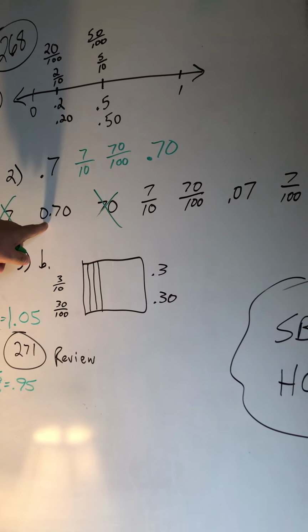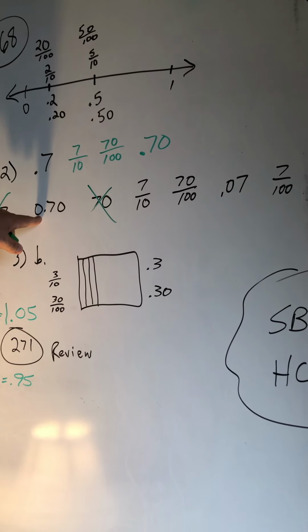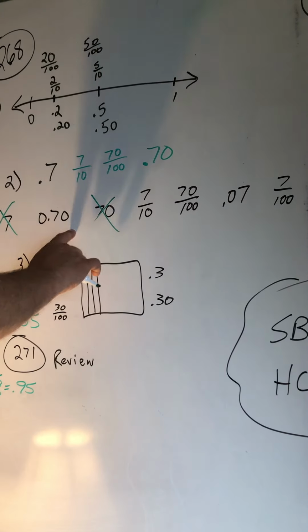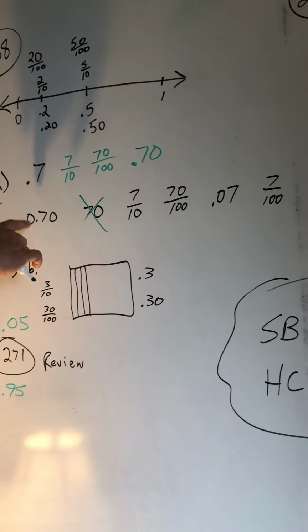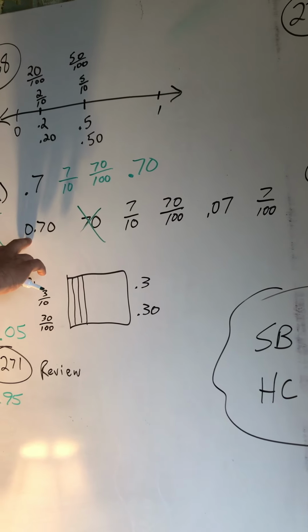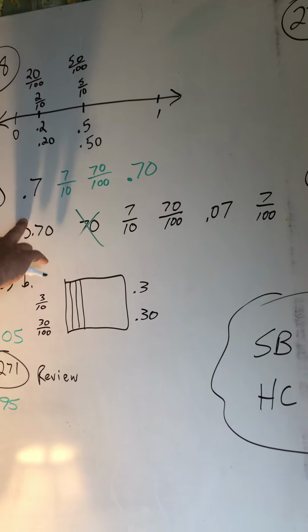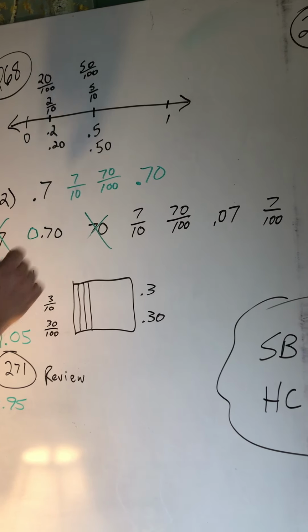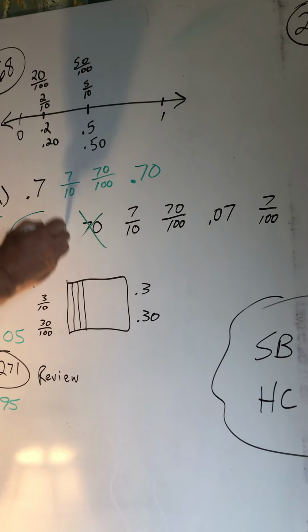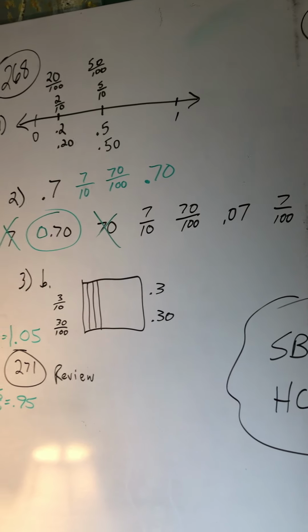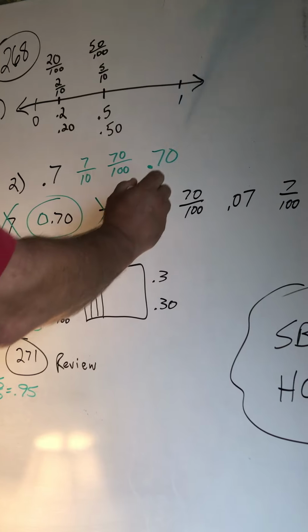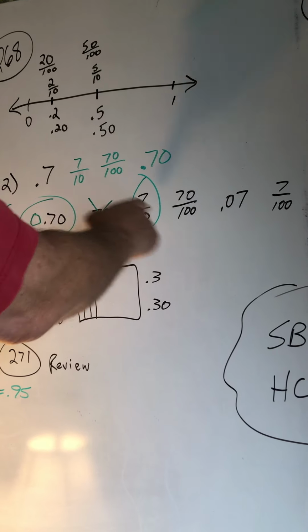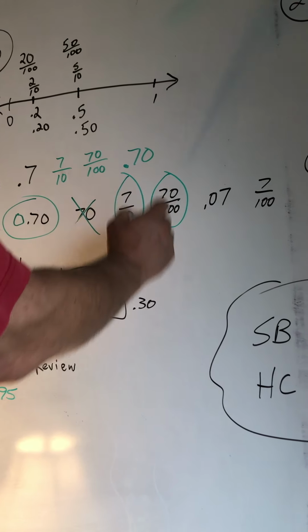In high school, that's called a placeholder, because we don't really need it here, but it's taking the place of the ones column. But once again, it could be there or it doesn't have to be there. Okay, but yeah, that is 70/100. Isn't 0.7 7/10? Yep. 70/100, sure.